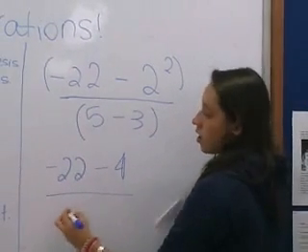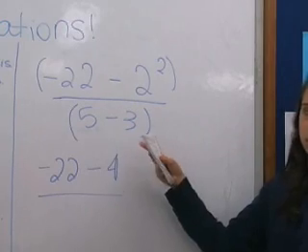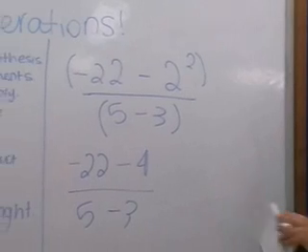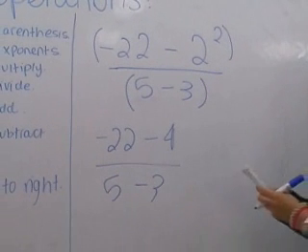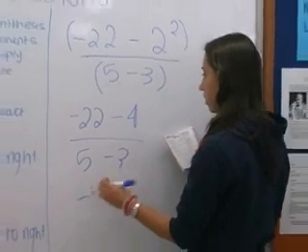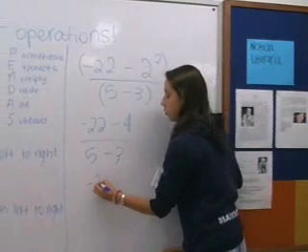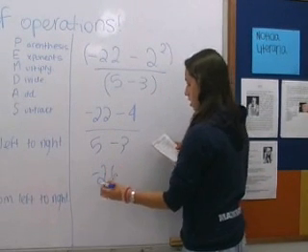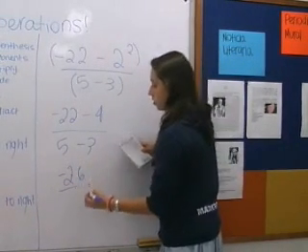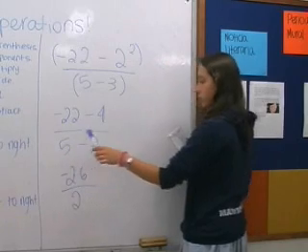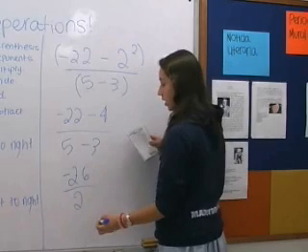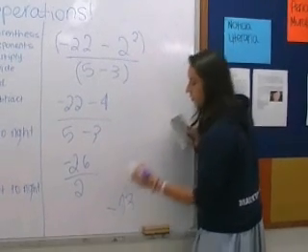And then here, and this stays the same. 5 minus 3. And first you have to resolve the numerators. So minus 22 minus 4 is equal to minus 26. And then you solve the denominators. So 5 minus 3 is 2. And then you divide and the answer will be minus 13.